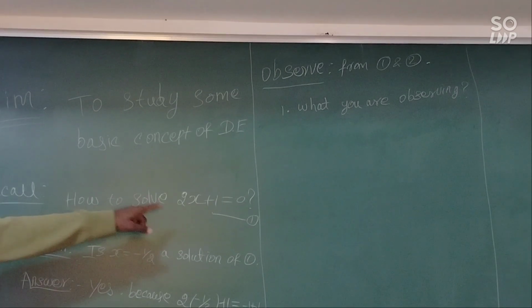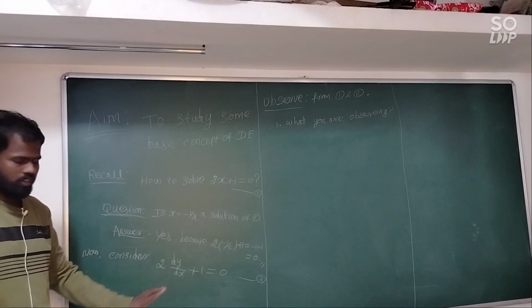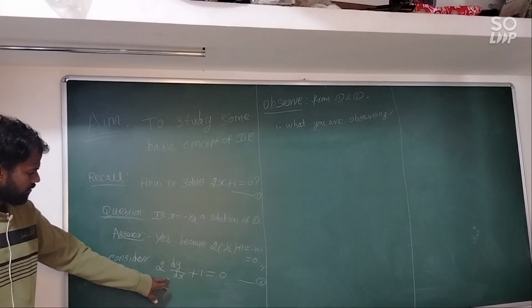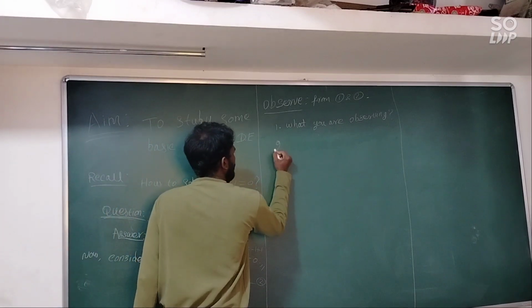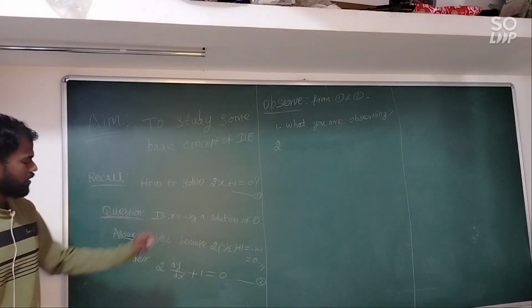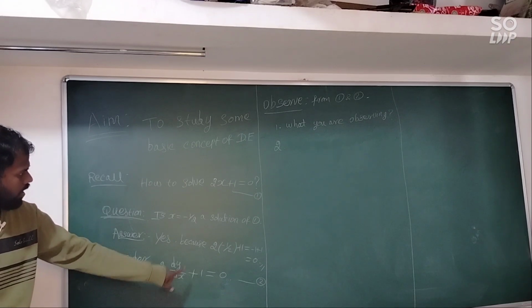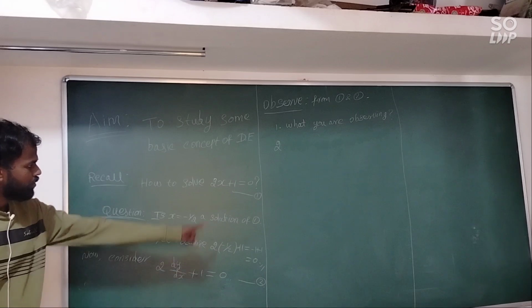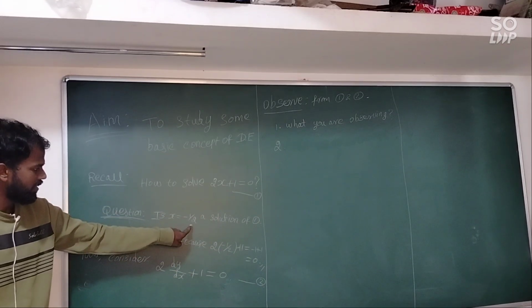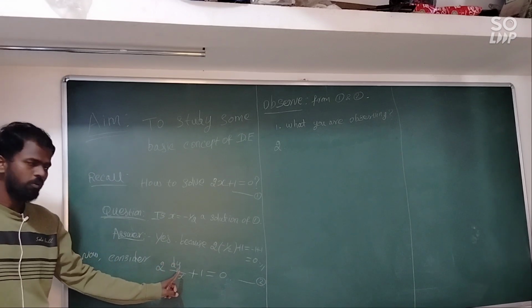Yeah. So in the place of x, you have dy by dx, right? So that means, can we relate the solution of this one and the solution of the equation 1? Solution of the equation 1 is x equal to minus 1 by 2. So here, as of now, we don't know what the solution is.